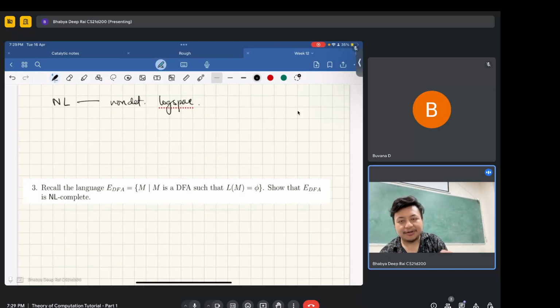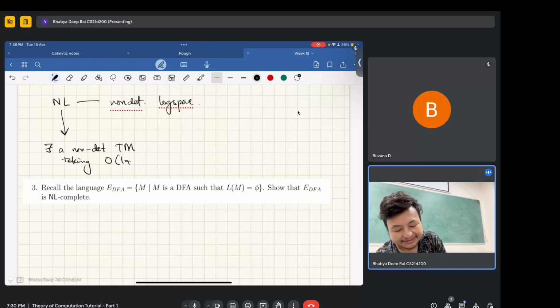Similarly, here we are talking about log space instead of time. So one definition is for any language in NL, there exists a non-deterministic Turing machine, which means it can make guesses along the way, taking log space this time instead of polynomial time.